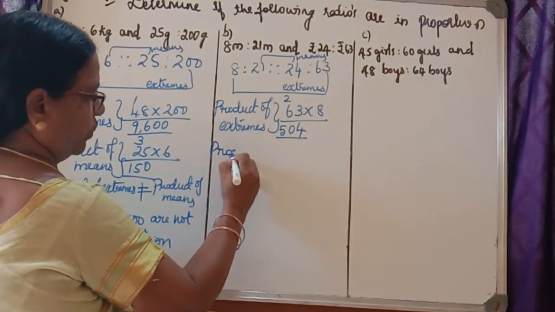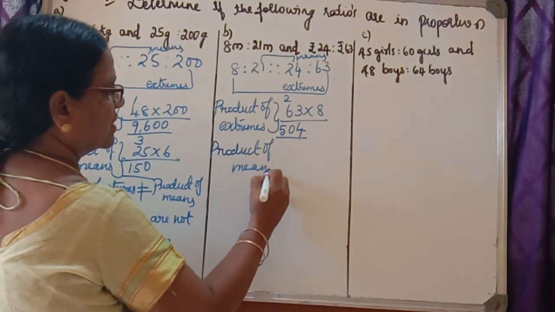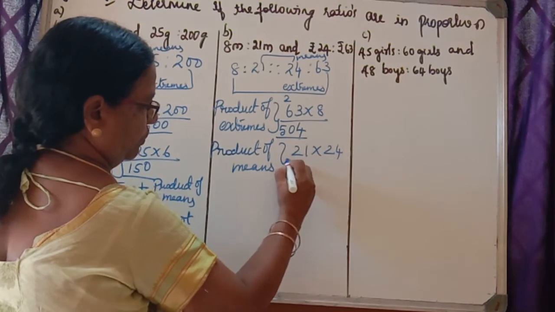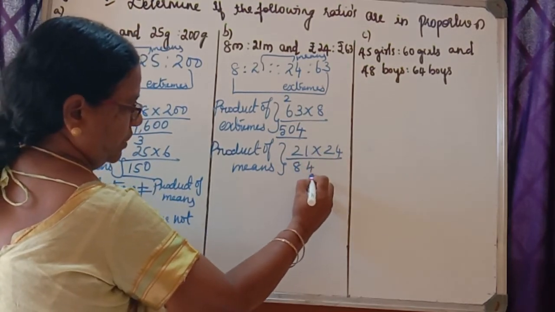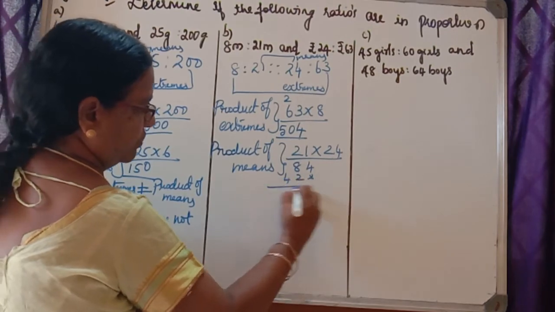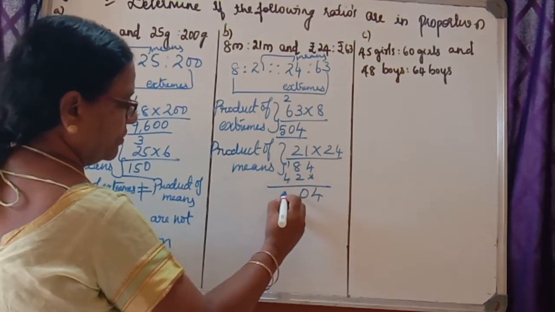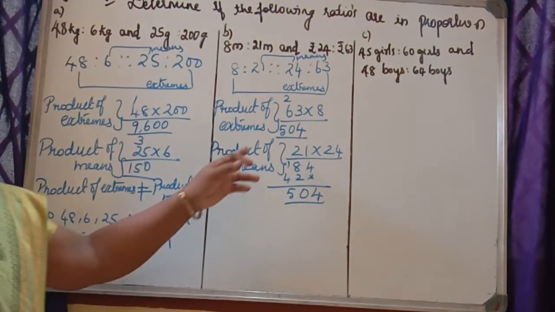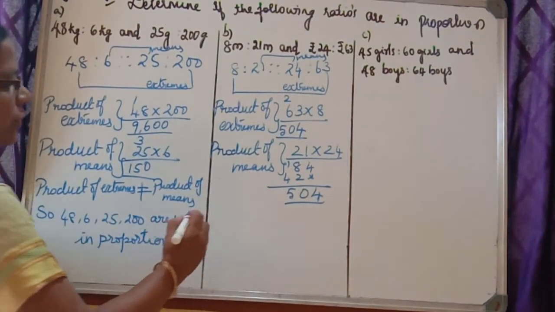Now we'll find the product of means. For that, 21 into 24. 4 1s are 4, 4 2s are 8. 2 1s are 2, 2 2s are 4. 8 plus 2, 10. 1 plus 4, 5. Now the product of extreme is 504. The product of means is also 504.